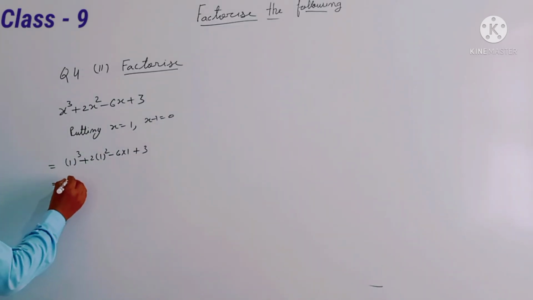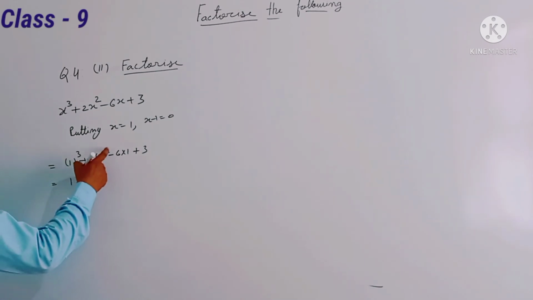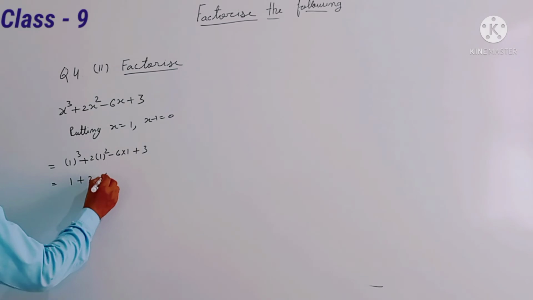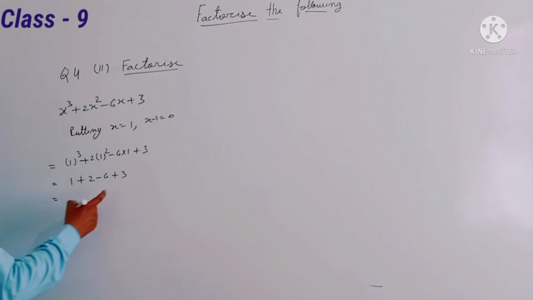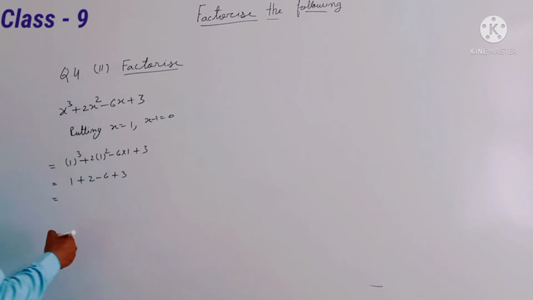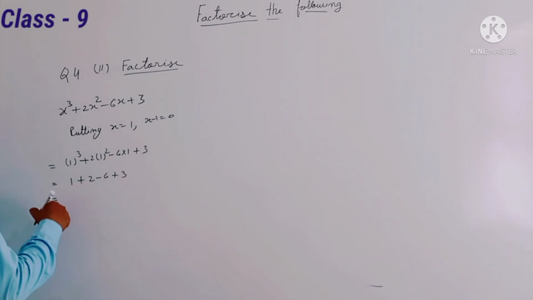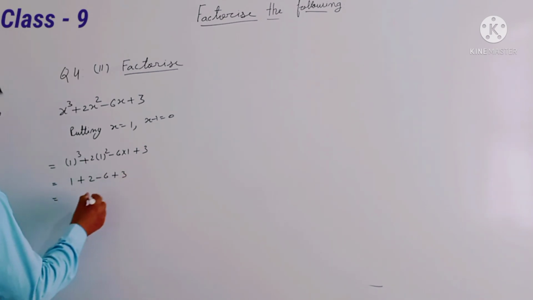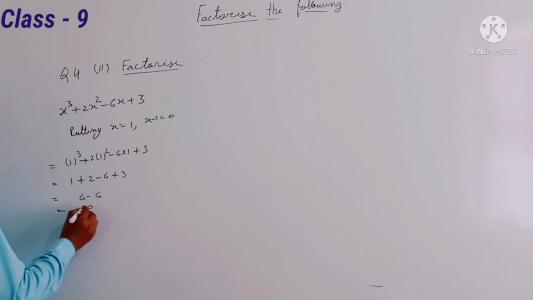Now you solve it. 1 cube of 1 is 1, square of 1 is 1, so it will be 2, it will be 6, it will be 3. Now we add the positive terms and negative terms. Positive terms are 3 and 2 and 1. The sum of these: 1 plus 2 is 3, 3 and 3 is 6, 6 minus 6 will be 0.